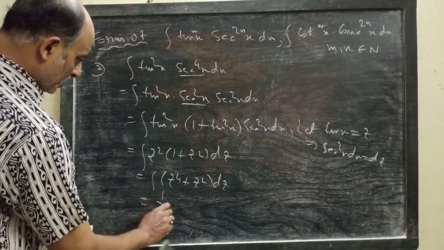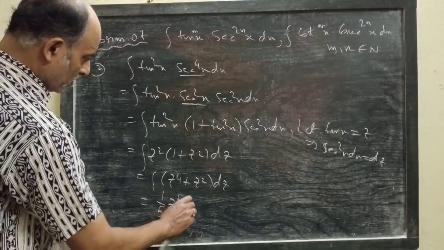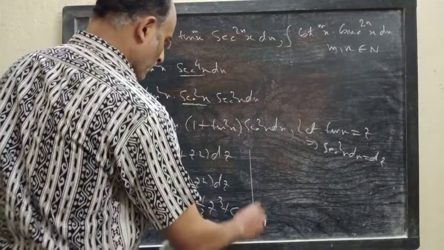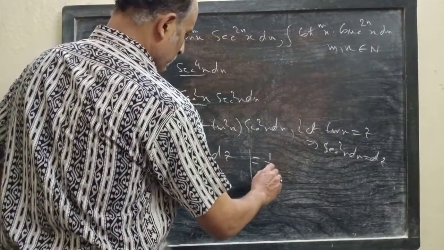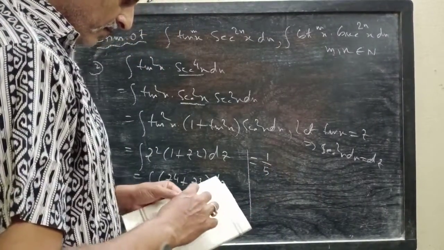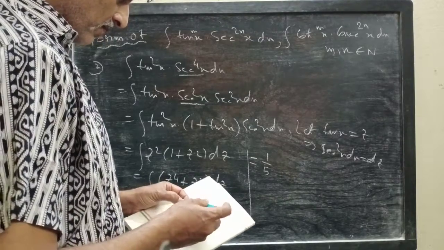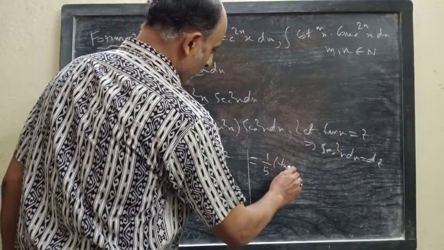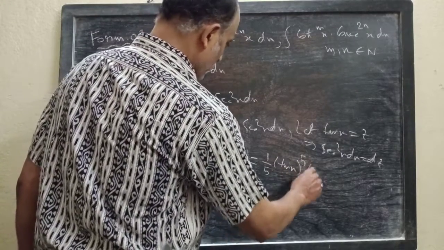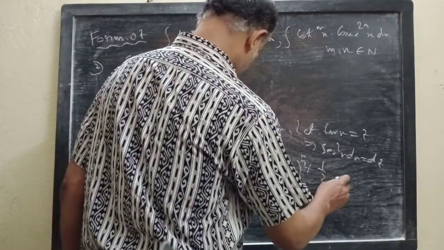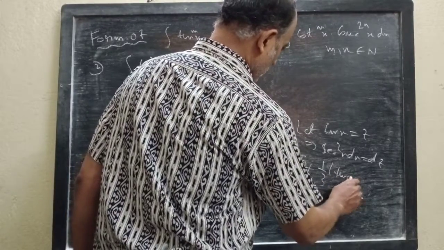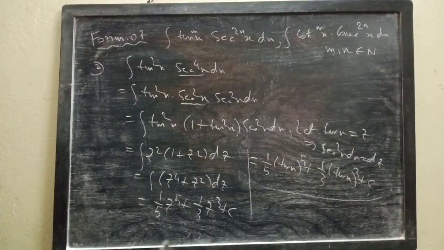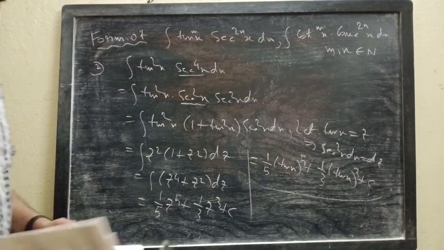So we get 1 by 5 z to the power 5 plus 1 by 3 z cube plus c. So our answer becomes 1 by 5 tan x to the power 5 plus 1 by 3 tan x cube plus c. This will be our answer. Next question.